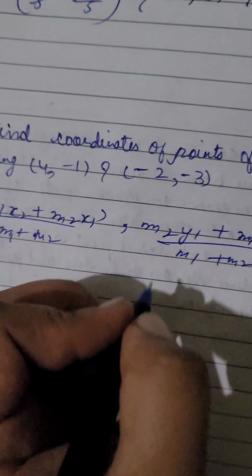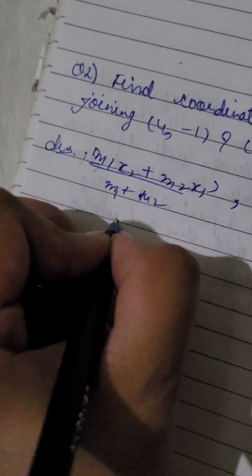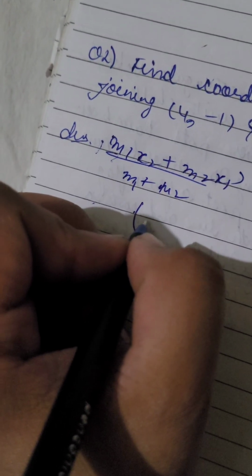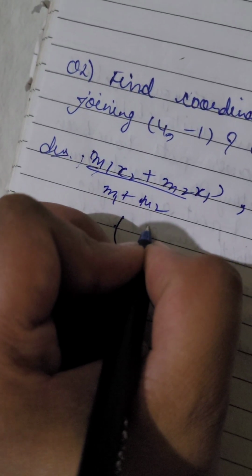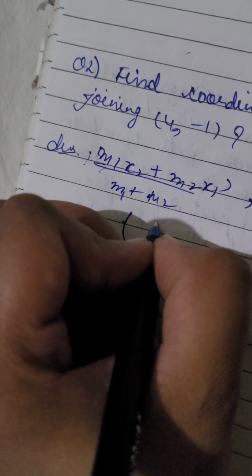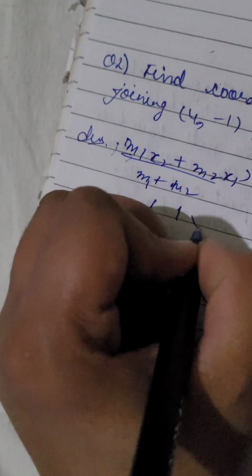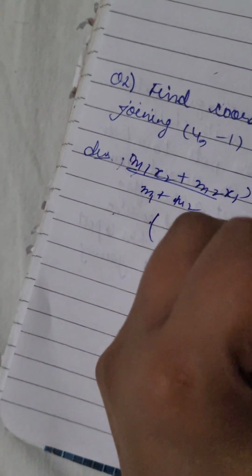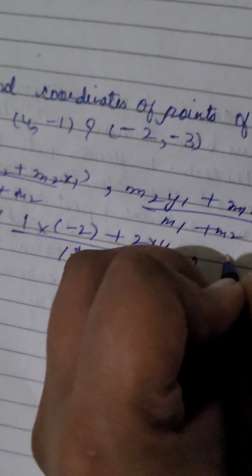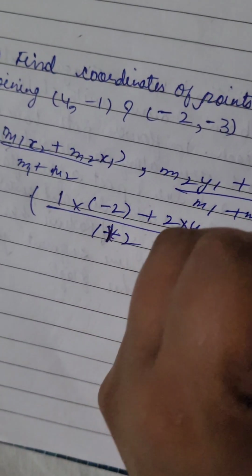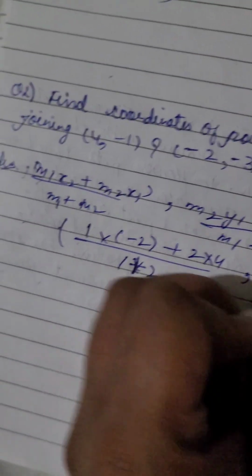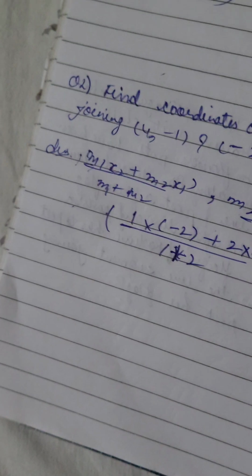By taking out this formula we say that (1 multiplied by -2 plus 2 multiplied by 4) upon (1 plus 2) and (1 multiplied by -3 plus 2 multiplied by 1, sorry, -1) upon (1 plus 2).